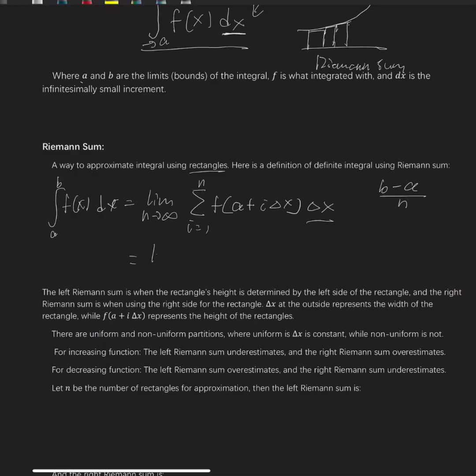So you can write it as the limit as n approaches infinity of the sum from i equals 1 to n of f of (a plus i times (b minus a) over n) times (b minus a) over n. This n is the number of rectangles here.